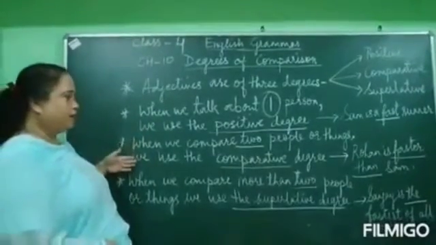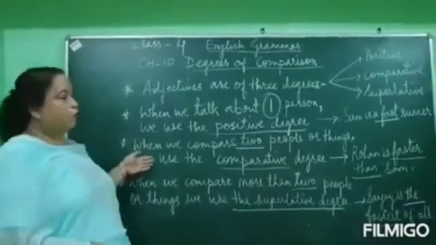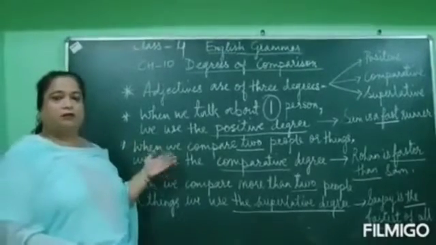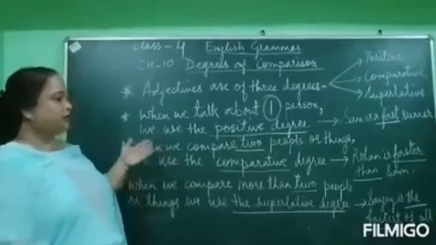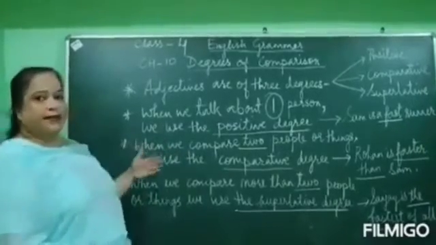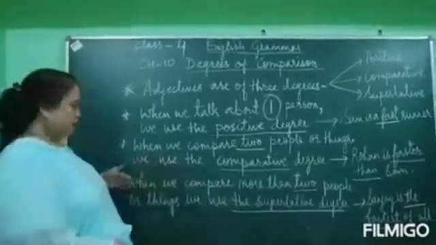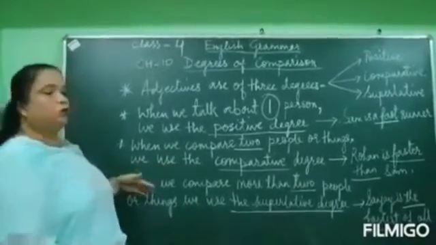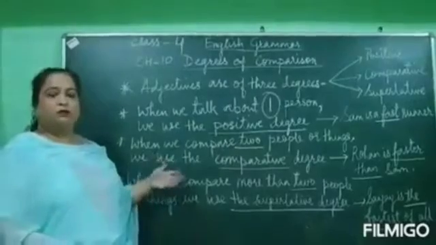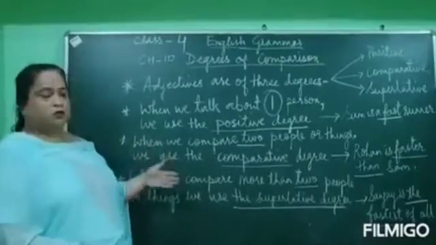Second, the comparative degree is used when I compare two people or two things, and I use than, more than or less than to compare. The third degree is used when I compare more than two people or things.